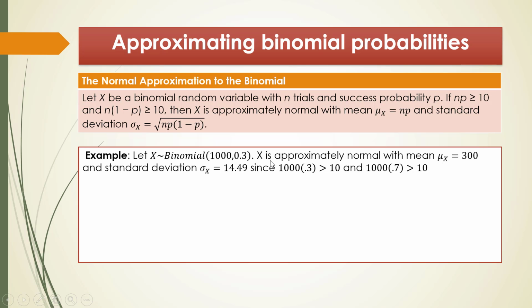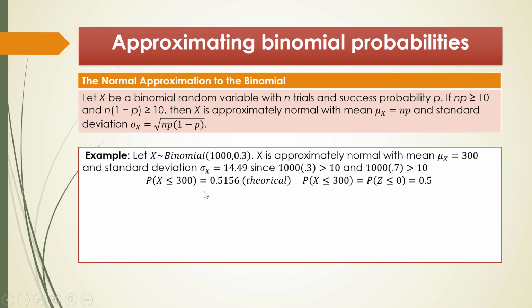So x is approximately normal with mean 300 and standard deviation 14.49 because 1,000 times 0.3 is greater than 10 and 1,000 times 0.7 is also greater than 10. Here we are going to compute the probability that x is less than or equal to 300 by two methods, by exact method and by approximation method.